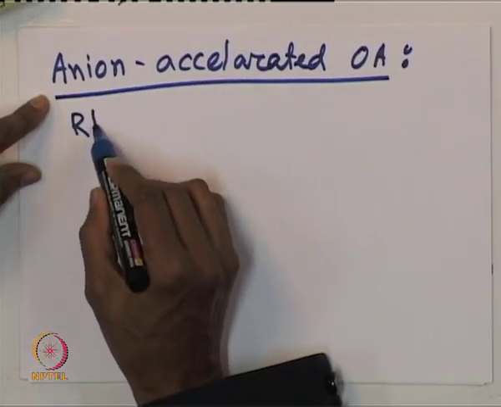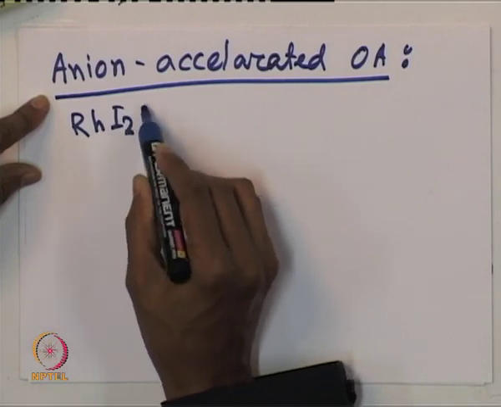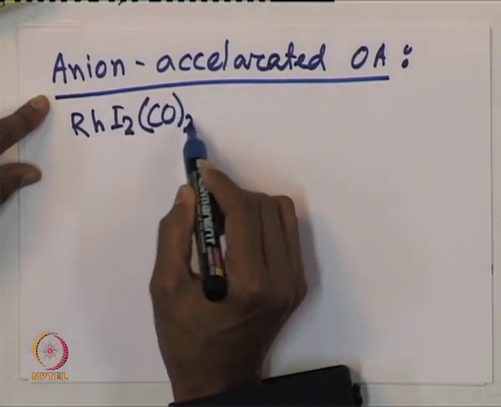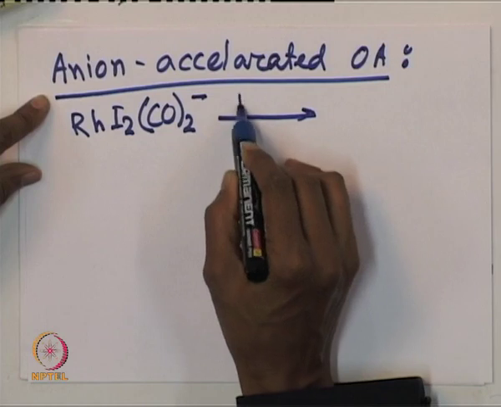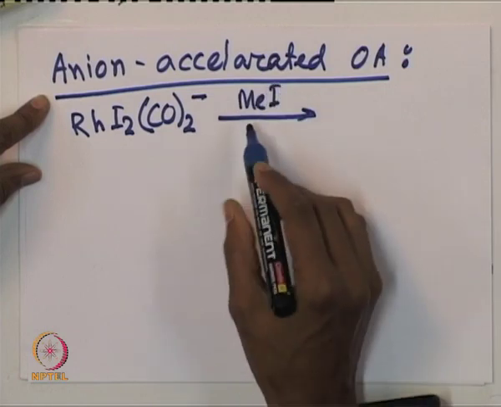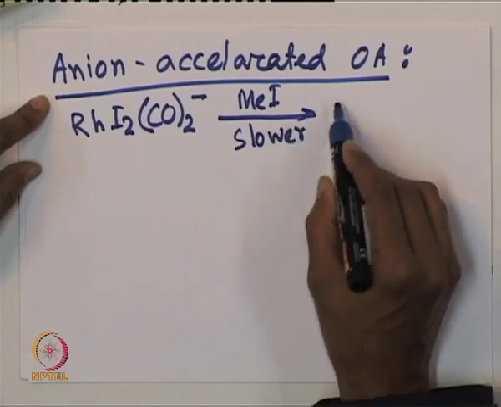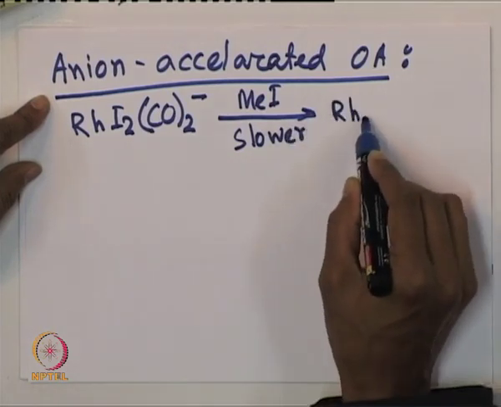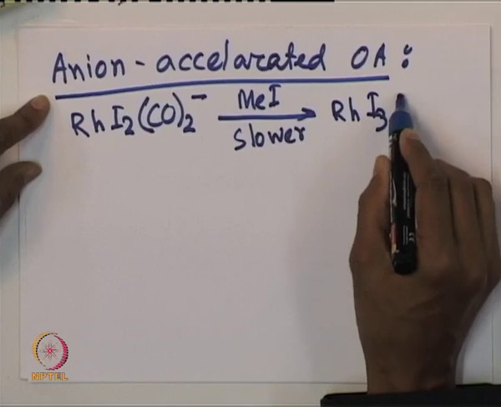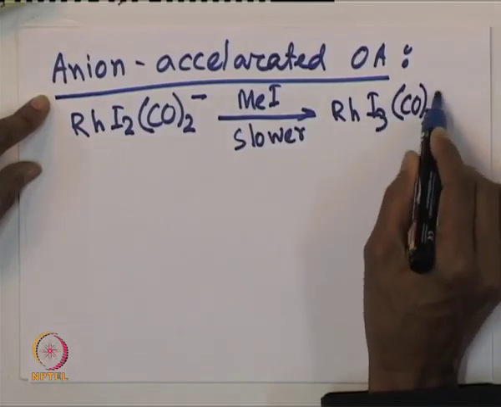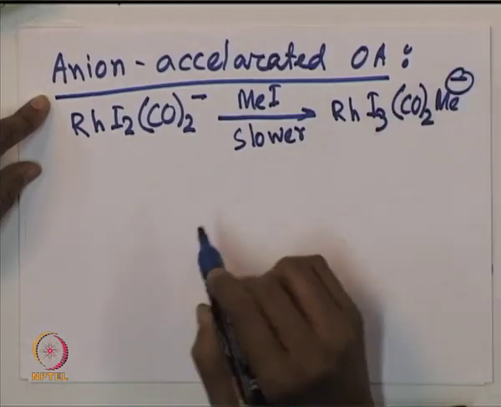Now, if you take the rhodium diiodo dicarbonyl complex and you want to do the addition with methyl iodide, you will get a very slow reaction to give the oxidative addition product RhI3(CO)2(CH3) minus.